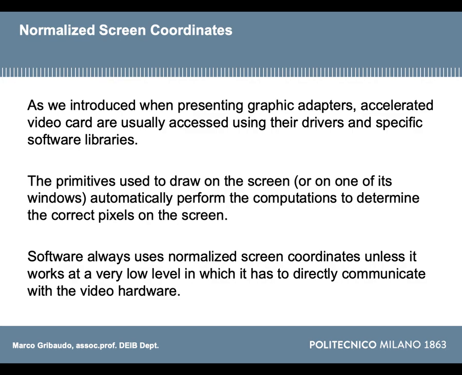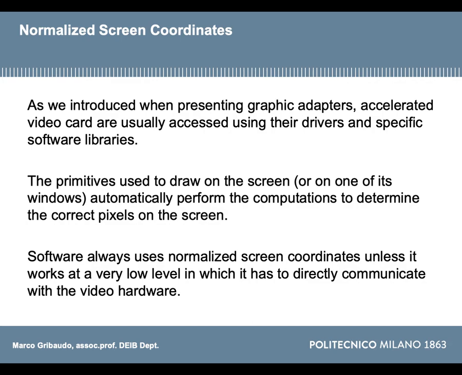As we have said last time, the graphic adapters are usually co-designed with the driver that accesses them. The user always decides the coordinates in this coordinate system, and leaves to the driver the task of converting these normalized screen coordinates to the actual coordinates that can be seen on screen.